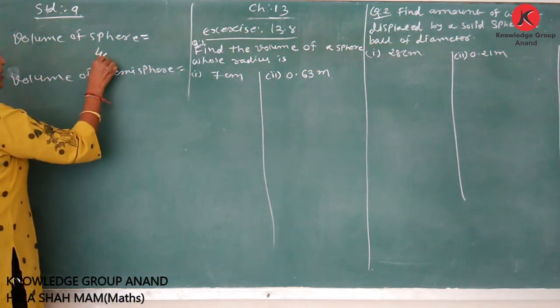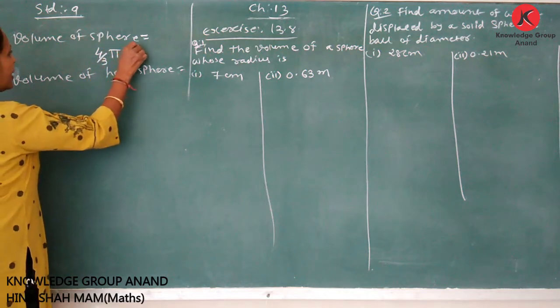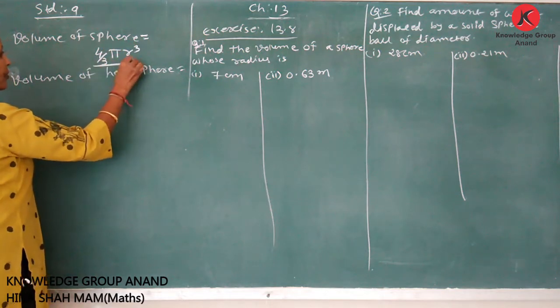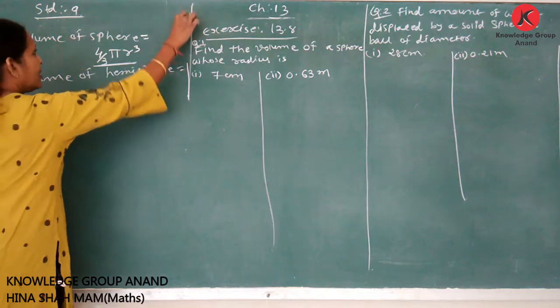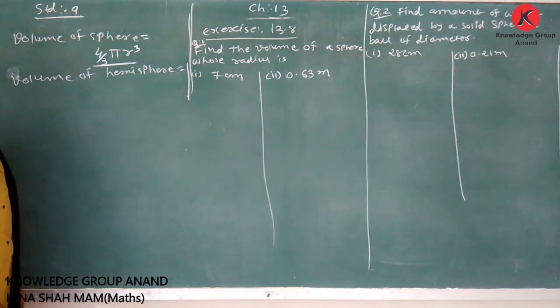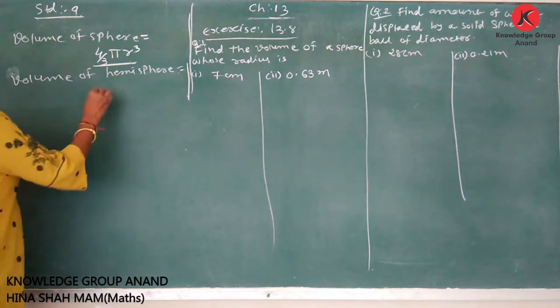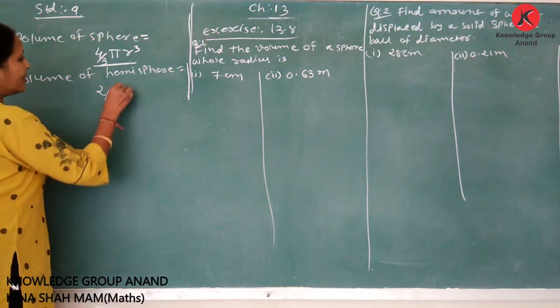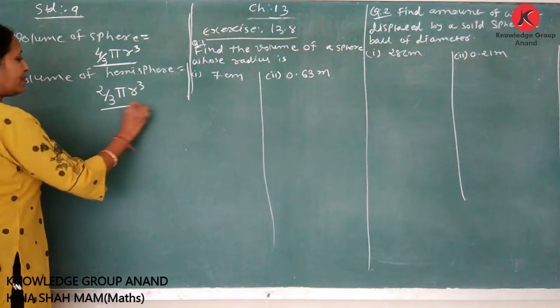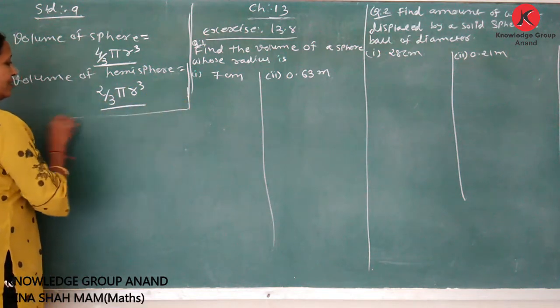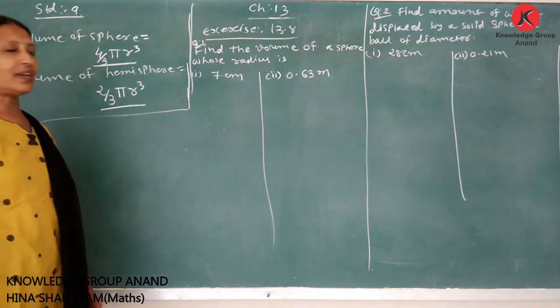Then 4 by 3 pi r cube is its formula. And volume of hemisphere is 2 by 3 pi r cube. Hemi means half. We call it semi, hemi.